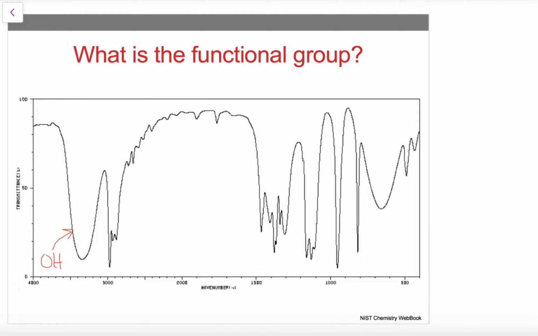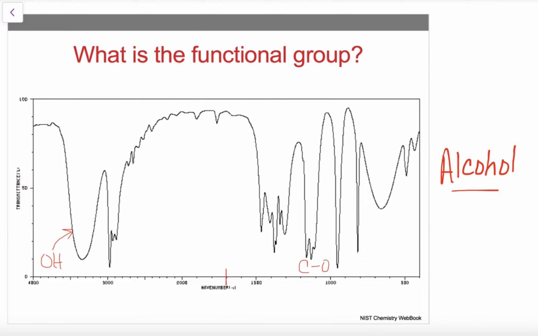If we go around 1700 or so, which is around here, we do not see any peaks, so we do not have a carbonyl. We also have a good peak around 1250, and that's going to be our CO stretch. Since we do not have a carbonyl, we have an OH stretch and a carbon-oxygen stretch. This means that this compound should be an alcohol. So that's our functional group for this spectrum.